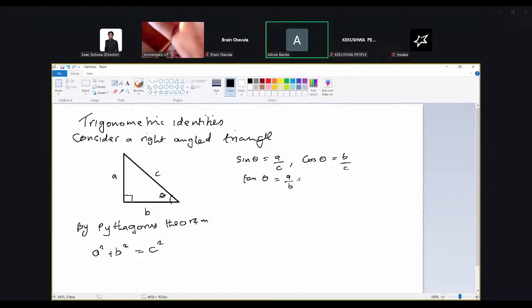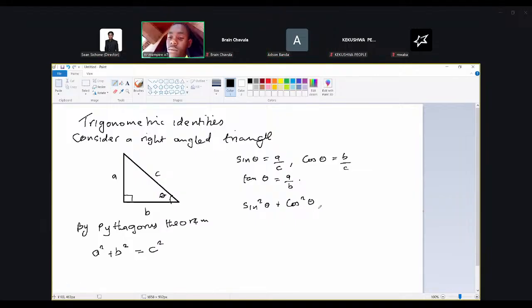Now, what we are going to do is substitute what we have as trigonometric functions in the Pythagoras theorem. So coming back to Pythagoras theorem, let's square the following: sine squared theta plus cosine squared theta.